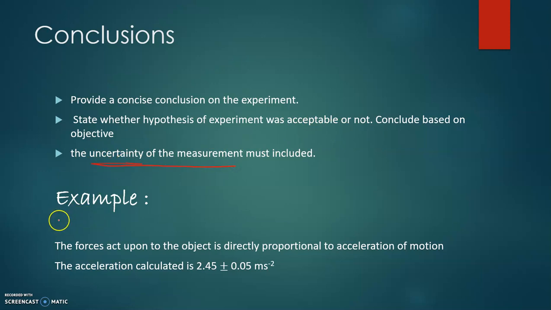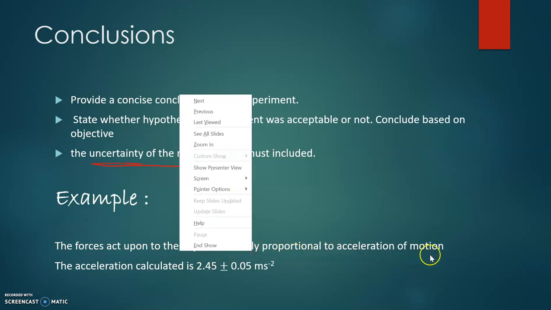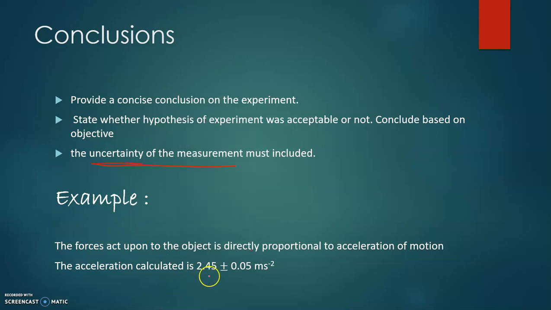For example, the hypothesis is that the force acting upon the object is directly proportional to the acceleration of the motion. You confirm it by the experiment, where we can see that the force is directly proportional to the acceleration of the motion. And for the calculated value, for example the acceleration, you also provide its uncertainty of the measurement.